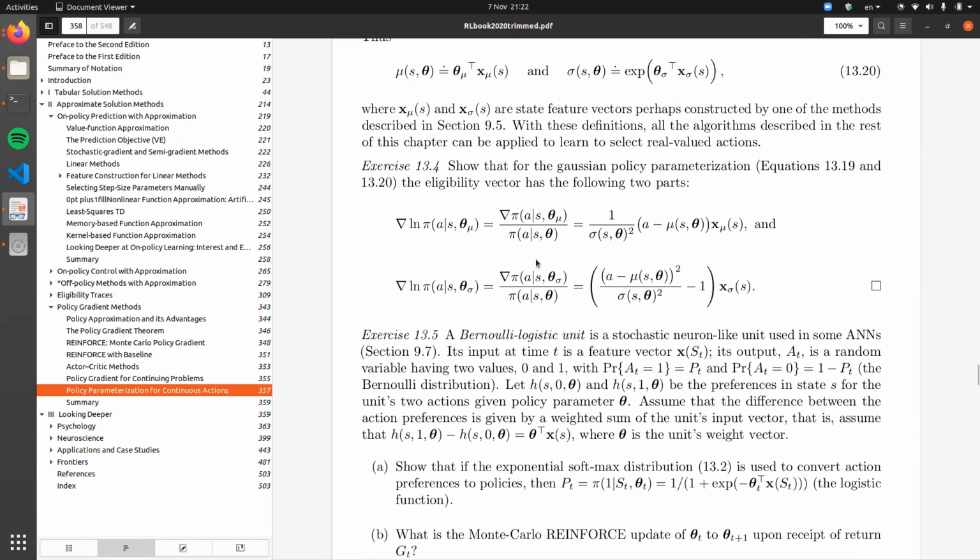Here is a way to express the corresponding gradients.